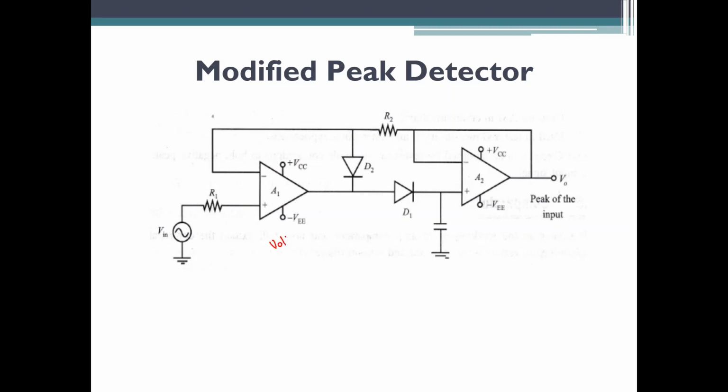A voltage follower gives an output equal to the input, so whatever input you apply will come at the output side. The output voltage I get here will be applied to the diode.